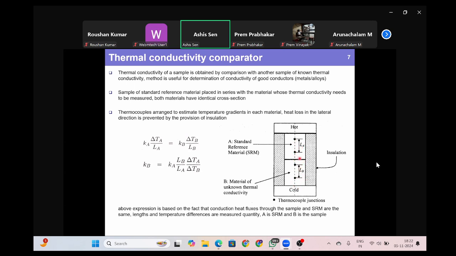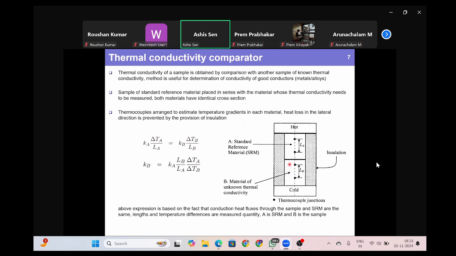You do the same thing in material B, which is the unknown material, and you make 2 junctions, and you should know the distance between the junctions, LB. So you are measuring the temperature difference across the 2 points separated by LA, and also the temperature difference between the 2 points separated by LB.